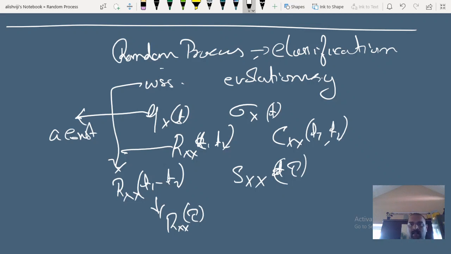These are the main points which we discussed in this particular chapter. In the next session, we will discuss a particular type of random sequence. That's our last module. Anyway, for the time being, we stop here.